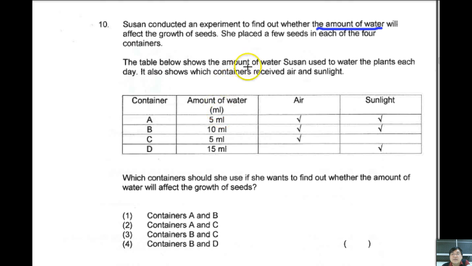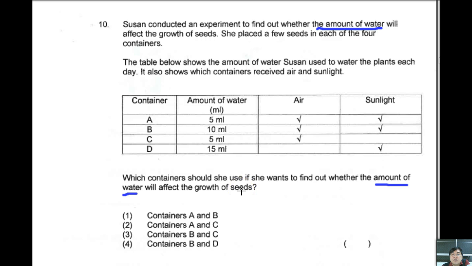Now let's take a look, and each day it waters the plant. It also shows which container receives air and sunlight. Now which container should she use if she wants to find out whether the amount of water will affect the growth of the seed?